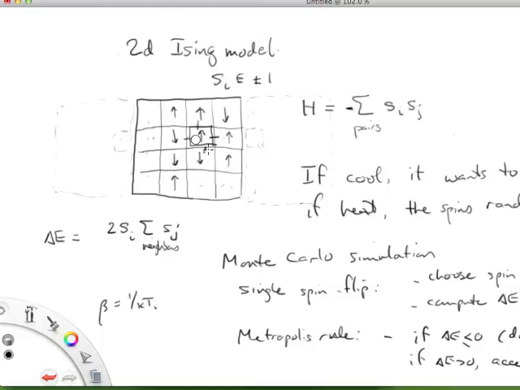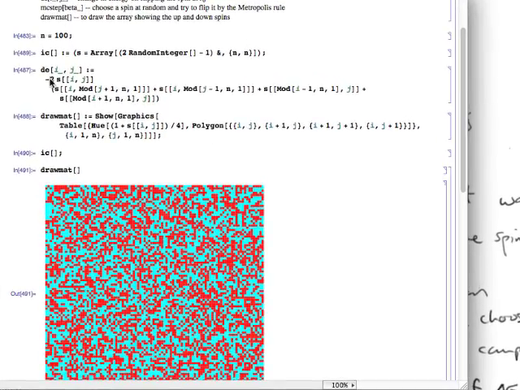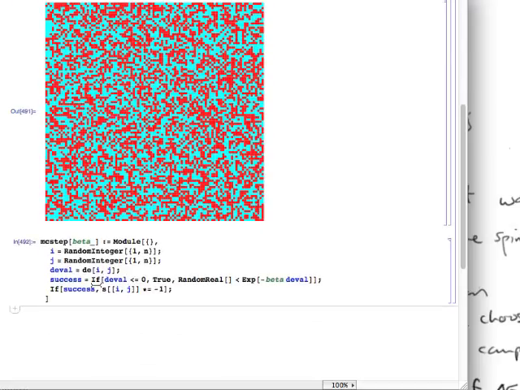Every one of those bonds is happy, is giving a -1 to the energy now, and it'll give a +1 when I flip, and so the energy change will be 2Si Sj, not minus that. So I'll go fix this and evaluate that again, and now I should be able to run this thing.